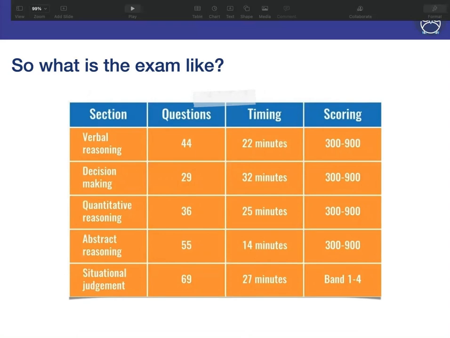For most of them you have more questions than time available. Decision-making technically has multiple questions within a single question, but it's not like 1 minute per question, it's like 30 seconds per question on most of them. It's really, really time pressured. But you do get used to it, I can say that.